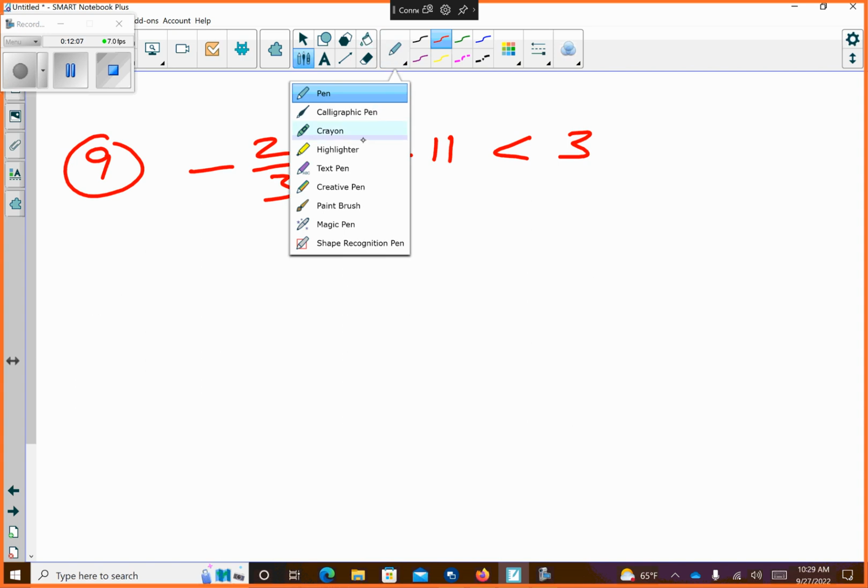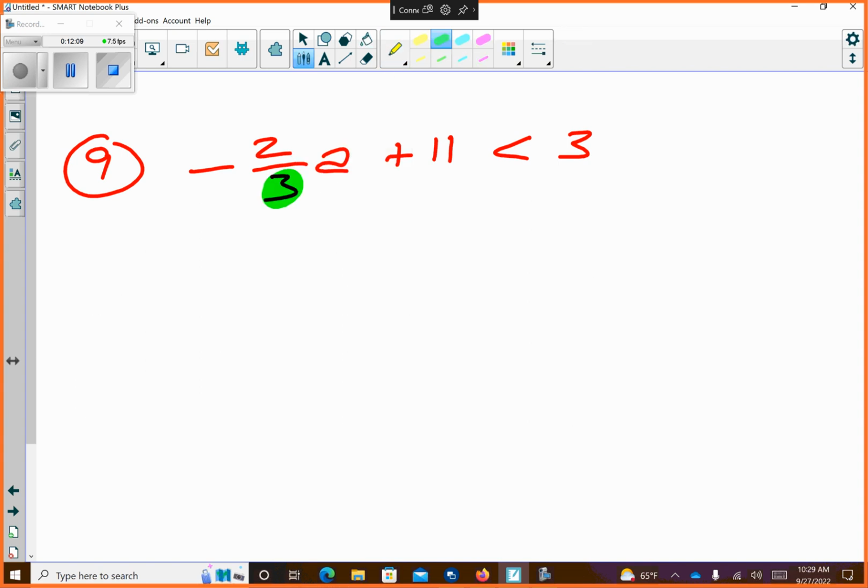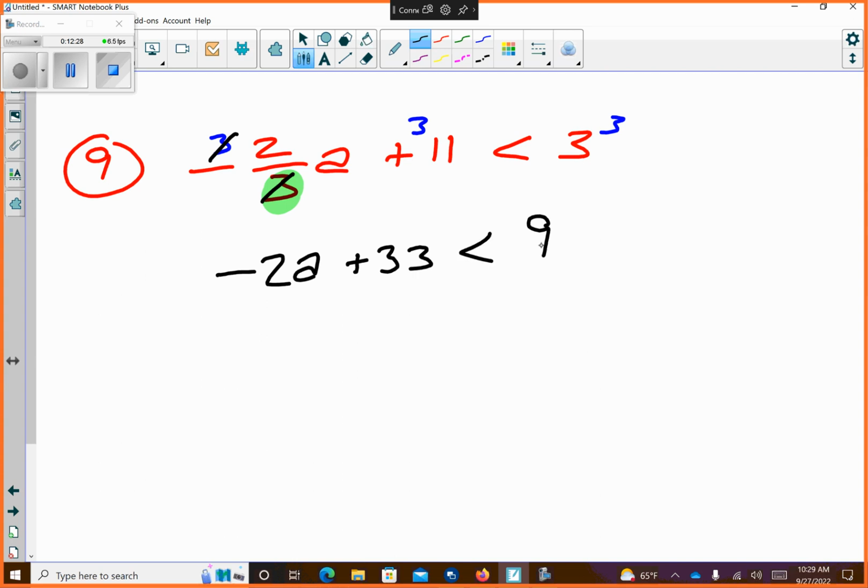All right. So we do have a fraction up there. We have a 3. So if I multiply everything by 3, that means this 3 cancels this 3. That leaves me negative 2a. 3 times 11 is 33. 3 times 3 is 9.